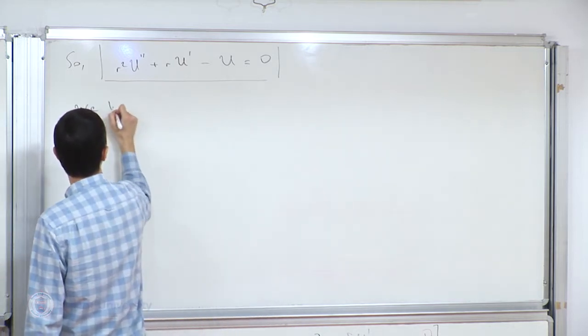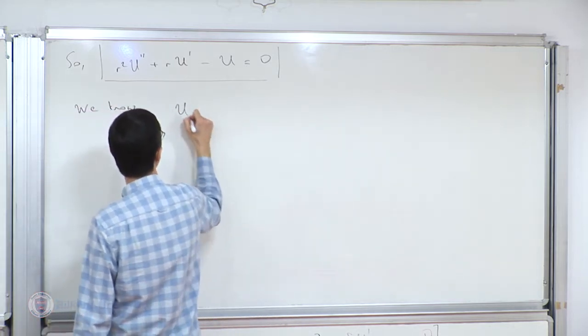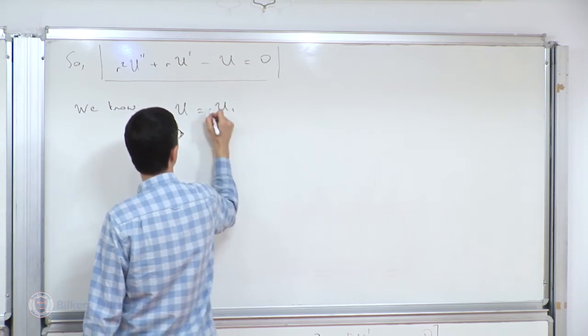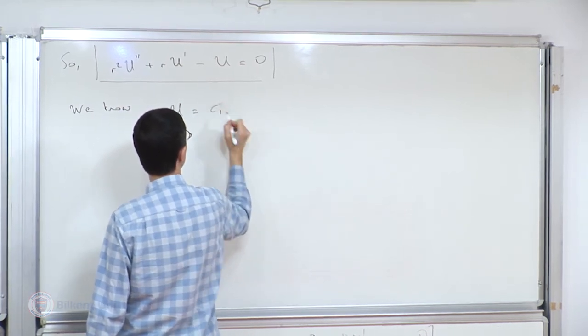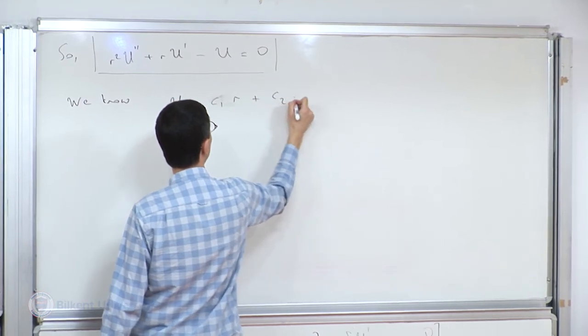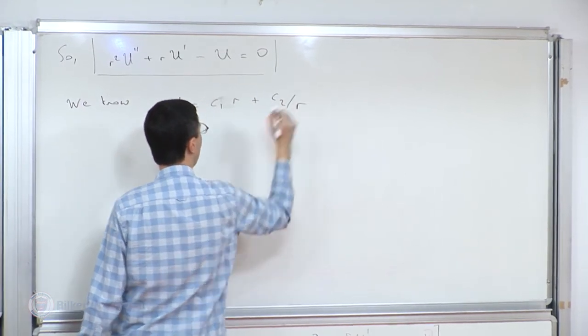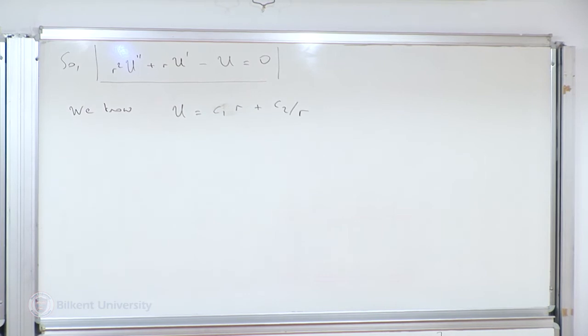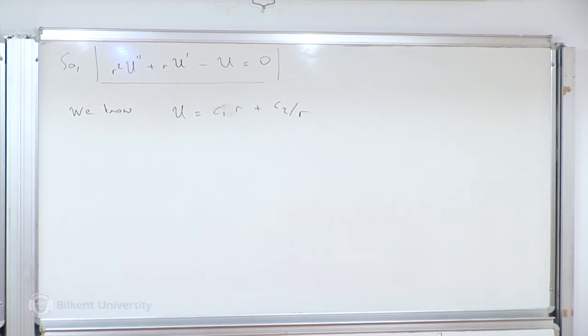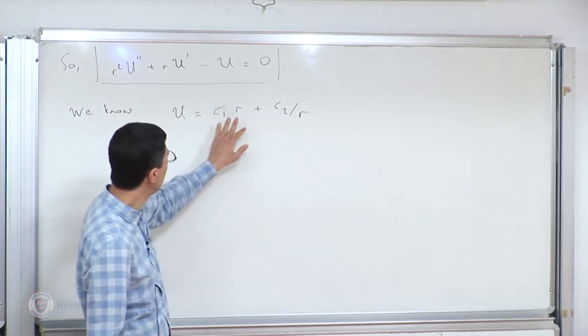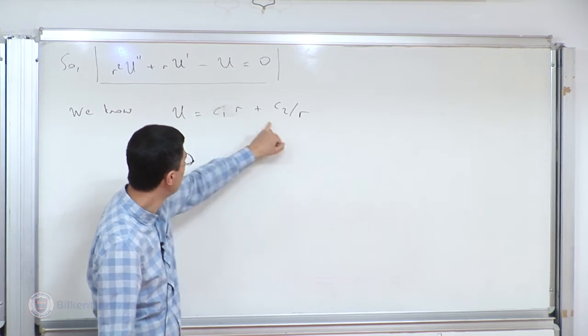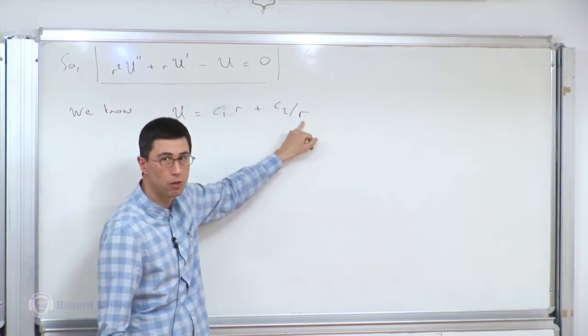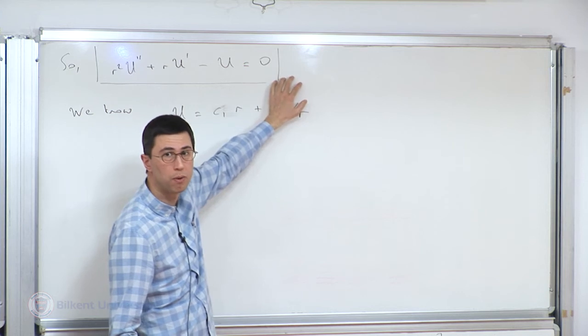So now we know u is equal to, actually let me directly write it, C1 times r plus C2 over r. Now in those first two problems, in the tension and torsion of a cylinder, the second solution, of course, we omitted because r could go to 0, and that was not permissible, right?